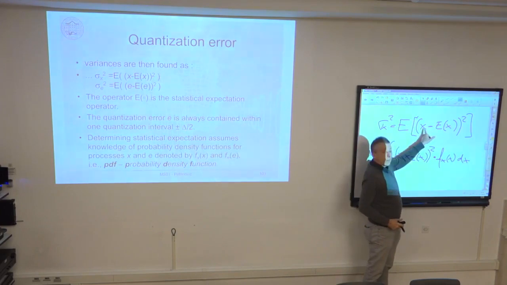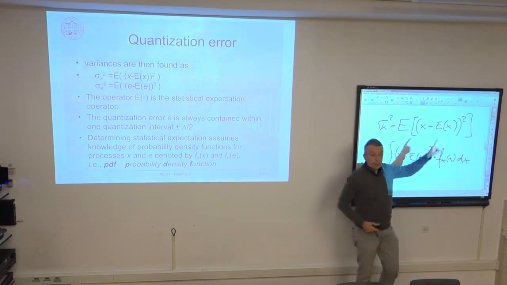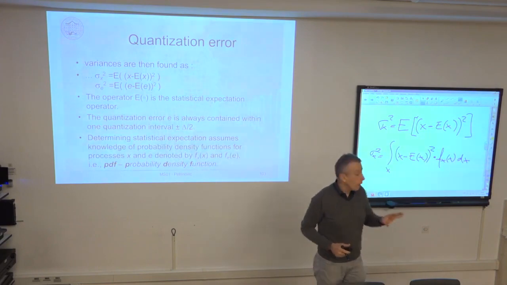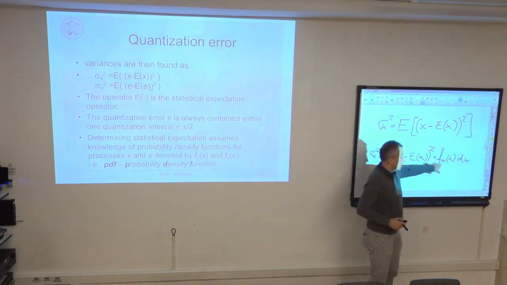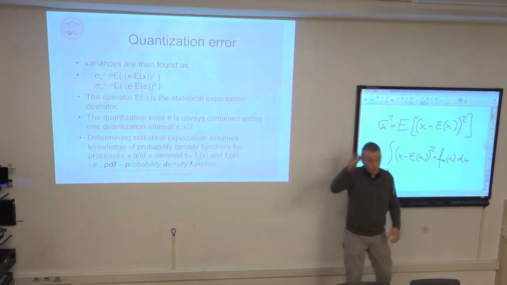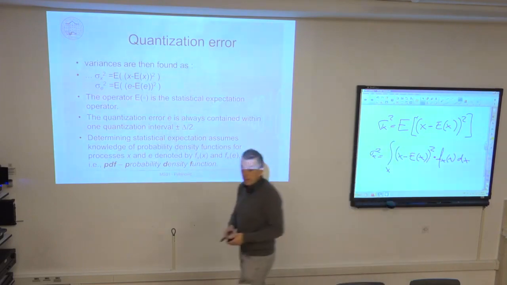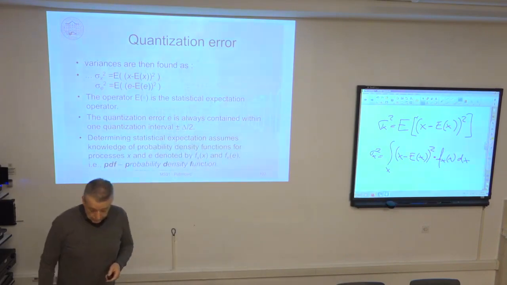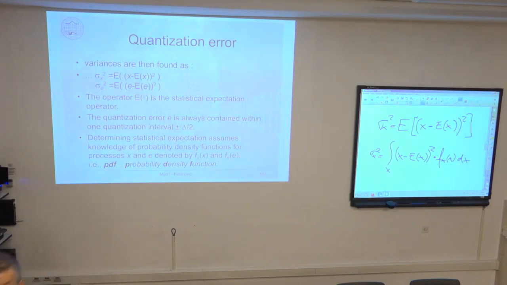The random variable is x. And if you want to find the expectation of a function, the only thing you have to do is multiply this function with the PDF of the random variable and integrate over all the values of this random variable. So this is the way that this variance is computed analytically.